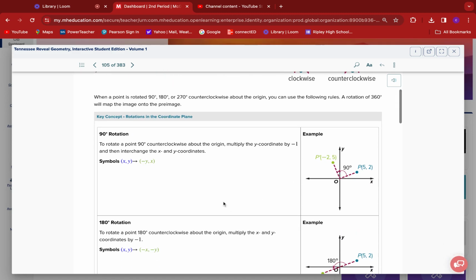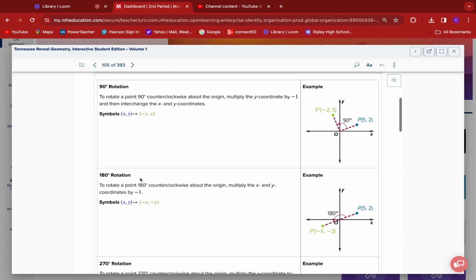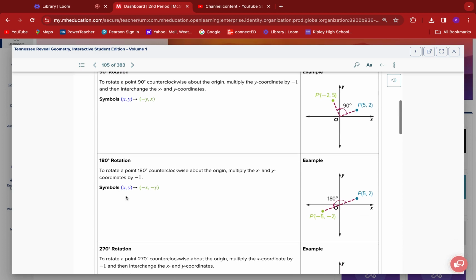And it has a cheat code. All right, 90 to the left: your original XY becomes negative YX. In other words, they switch places, whoop, and what was the Y changes signs. A 180 rotation is a change in X and Y, so your original XY changes signs.